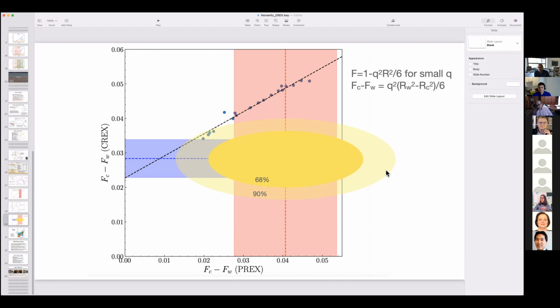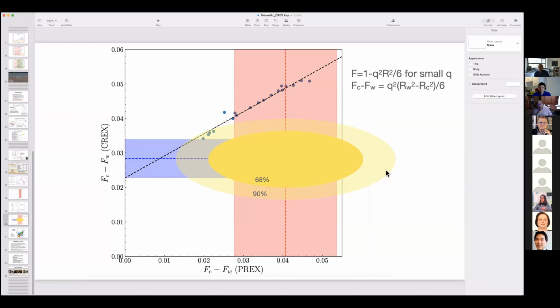I would say the existing CREX measurement is pretty accurate, so I believe it will have some impact. Exactly what, and exactly how small the three-body contributions will be to explain the thin skin in calcium-48, I think we'll see.